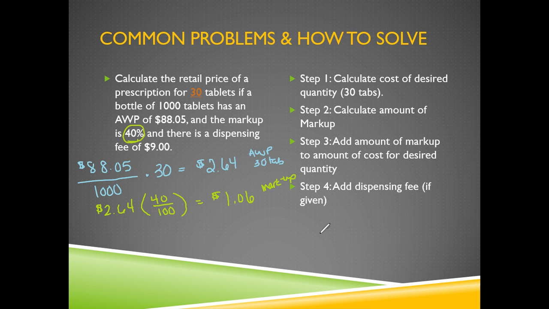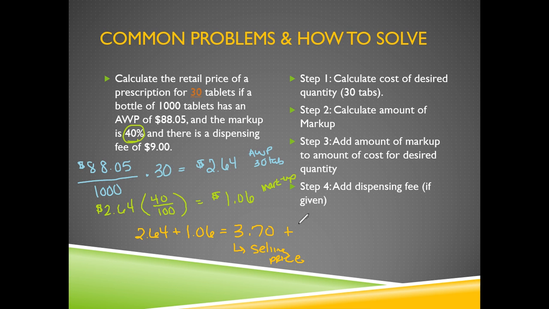The next step is to add the markup to the average wholesale price to get our selling price. We have our original price of $2.64 plus $1.06, and that gives me $3.70. This would be considered the selling price.